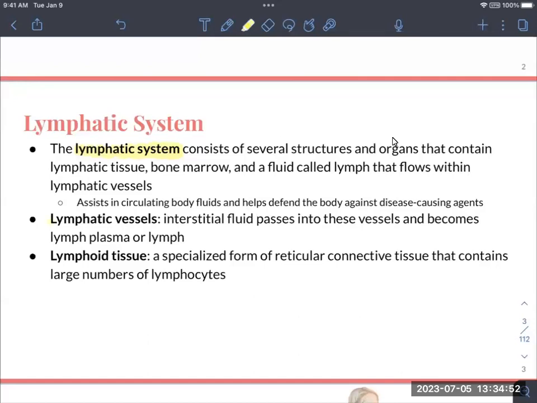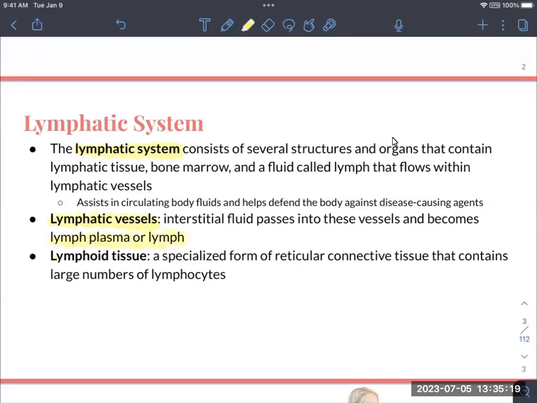These lymphatic vessels, we have that interstitial fluid that sits outside of our cells. Lymphatic vessels will help to maintain that correct balance of interstitial fluid. It'll drain out excess interstitial fluid, and that's when it becomes lymph plasma or just lymph.